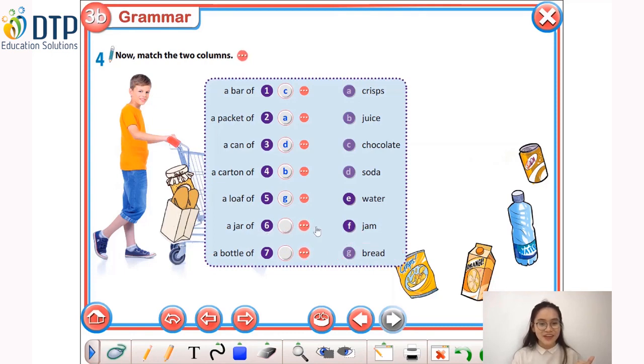So what can we have here? Jar of jam, water. Yeah, we only have two options left. So jam or water. Excellent, of course. A jar of jam. Yes. Next one, a bottle. Obviously, a bottle of water. Perfect, guys. Now let's move on with the next exercise.